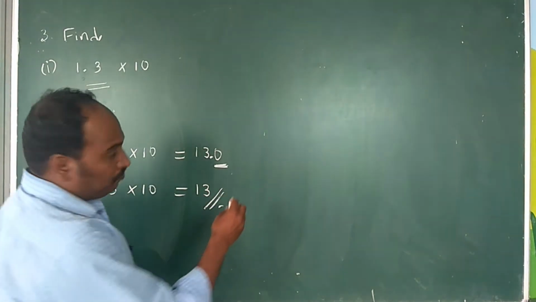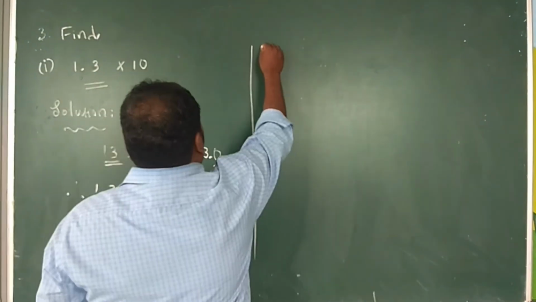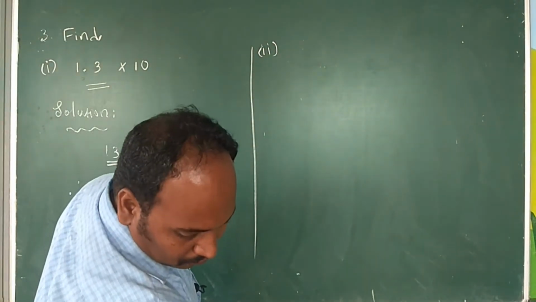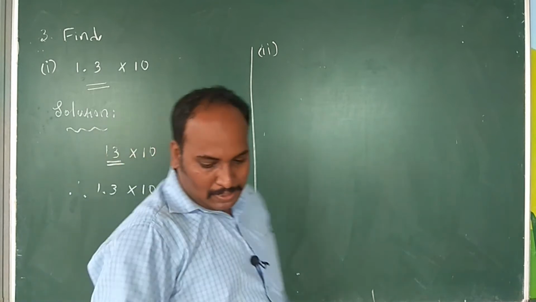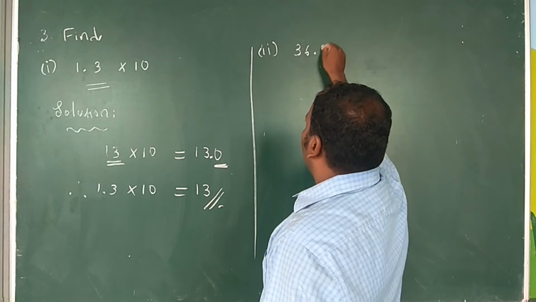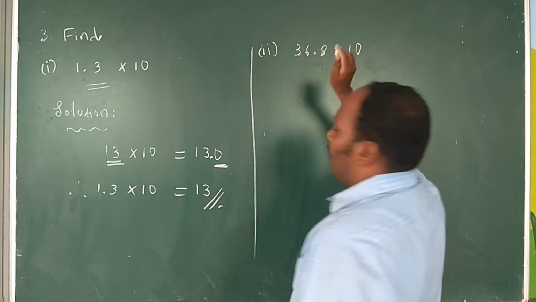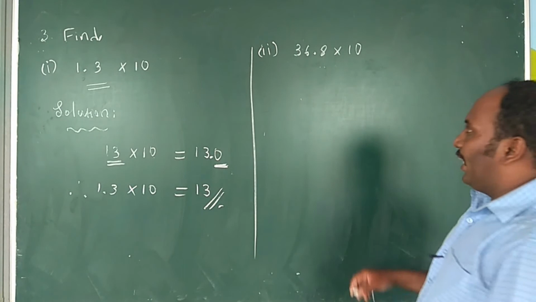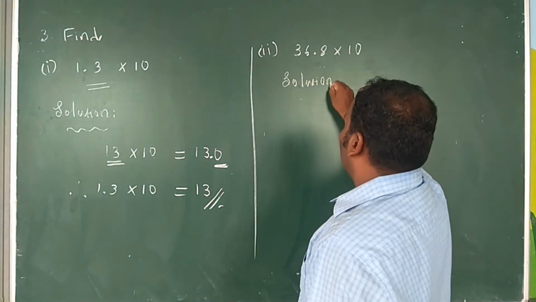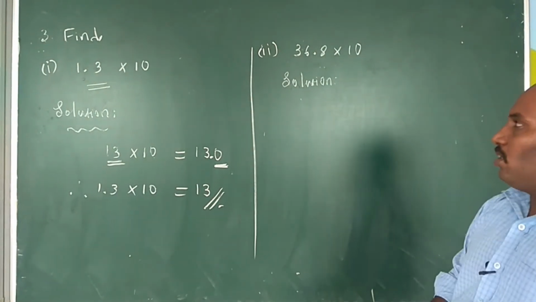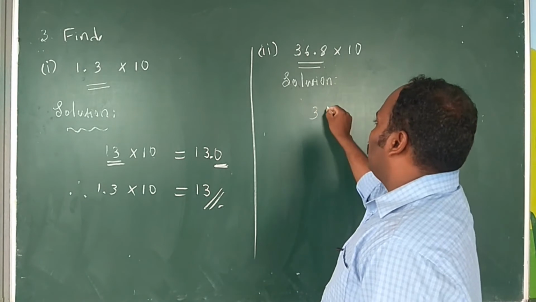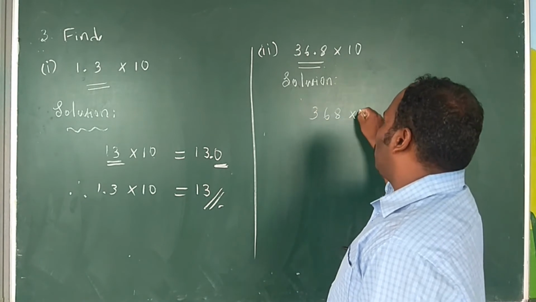Then second one, 36.8 into 10. First we multiply without decimal point. 368 into 10.